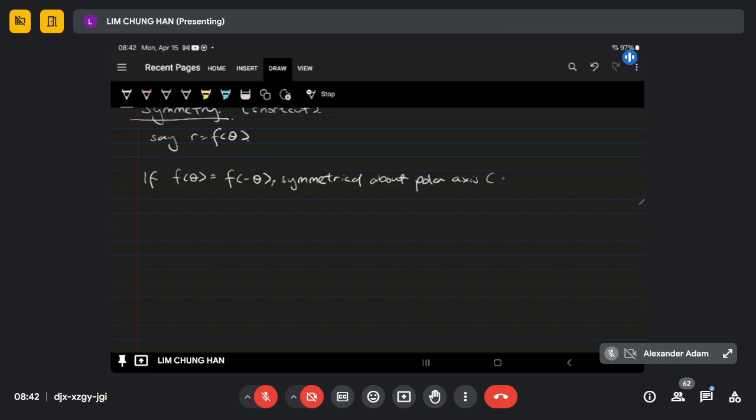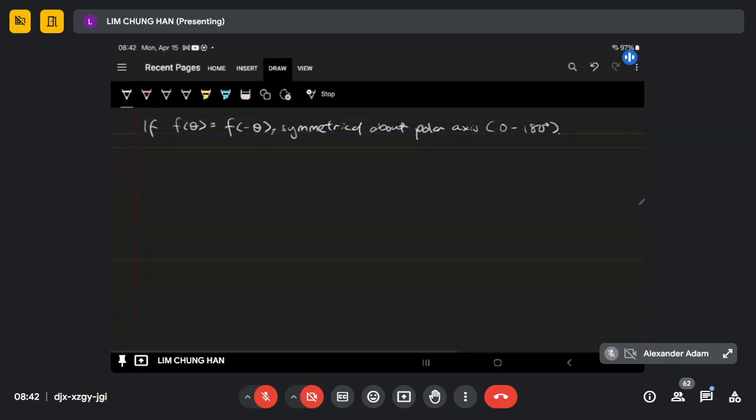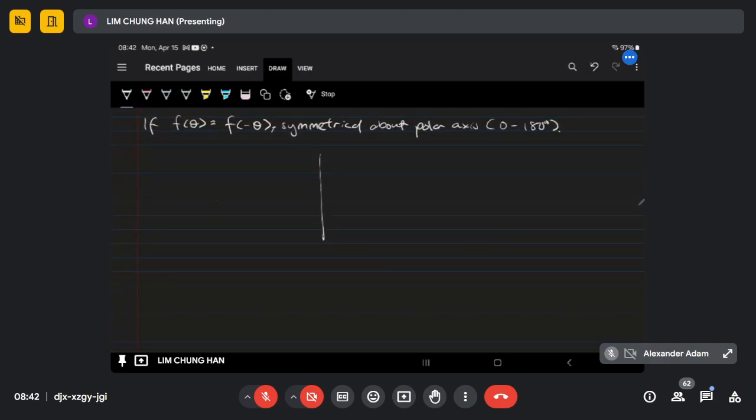The polar axis is the 0 to 180 degree axis. I will draw it here. So this is the polar axis.